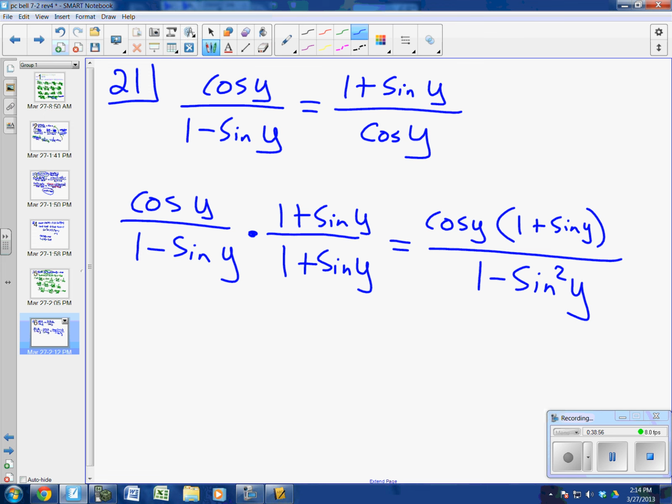Does anybody see what we can do next? Say that again, Justin. Yeah, this bottom right here is a Pythagorean identity.